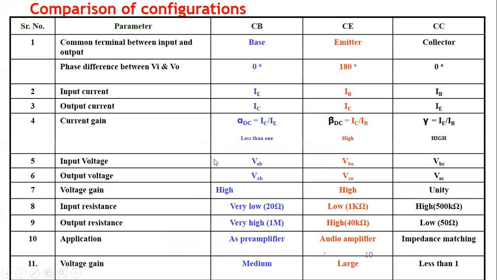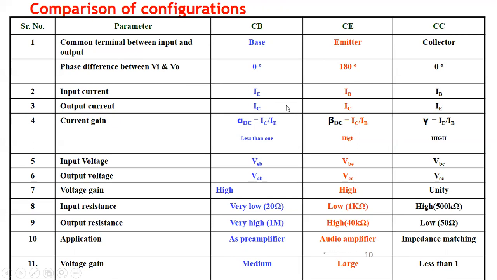So when we compare all those configurations with each other, this is the table where we have done the comparison of the common base, common emitter, and common collector configurations. What we have to remember here is that the base is common between input and output in common base, the emitter is common between input and output in common emitter, and the collector is common between input and output in common collector configuration, right?